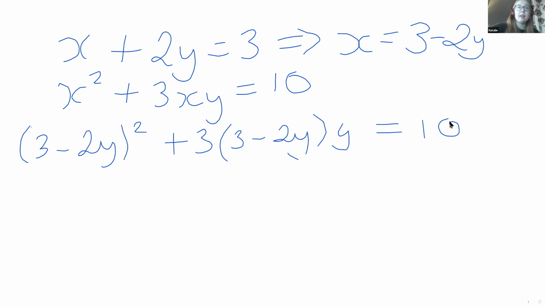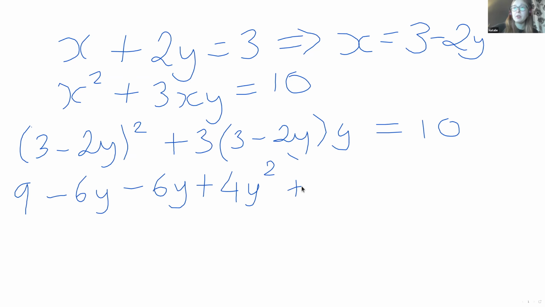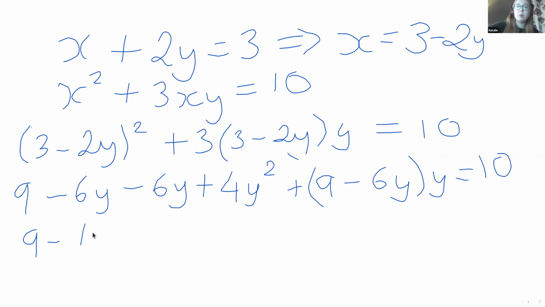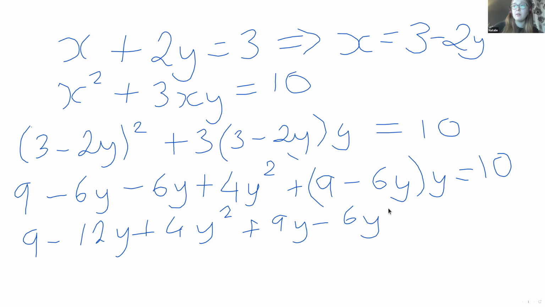So if I expand that first bracket, I'm going to get 9 minus 6y minus 6y plus 4y squared, plus the second bracket, (9 minus 6y) all times y, is equal to 10. If I keep going, then I've got 9 minus 12y plus 4y squared plus 9y minus 6y squared minus 10 is equal to 0.